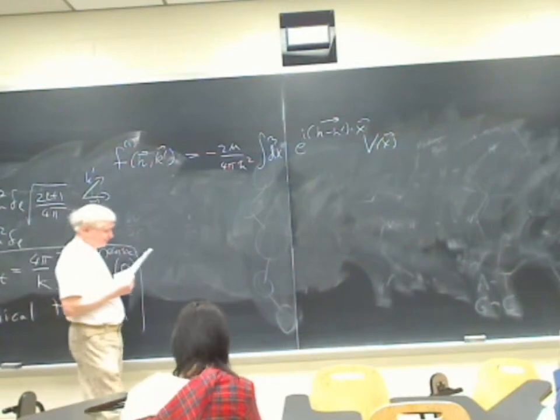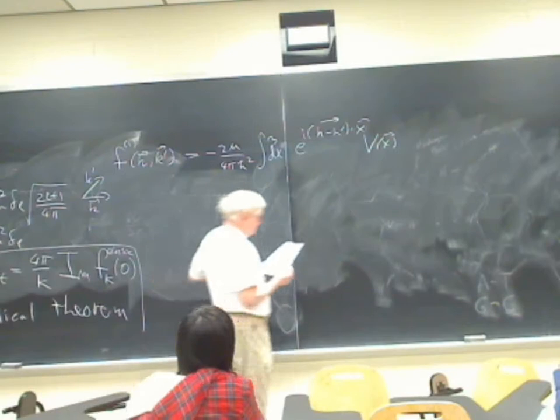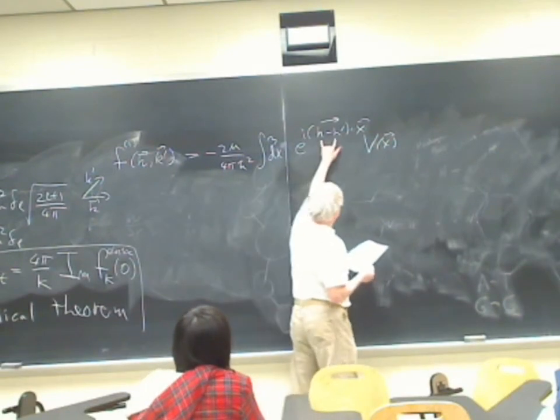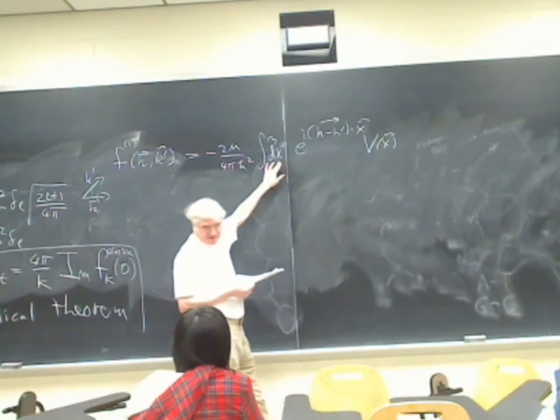And, well, we can choose, as usual, k minus k prime to be the z-axis for your polar coordinate system.